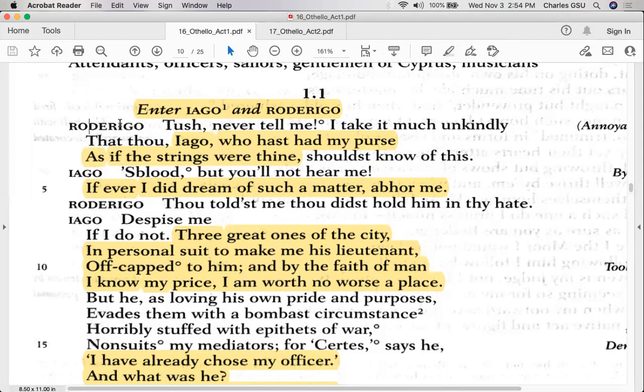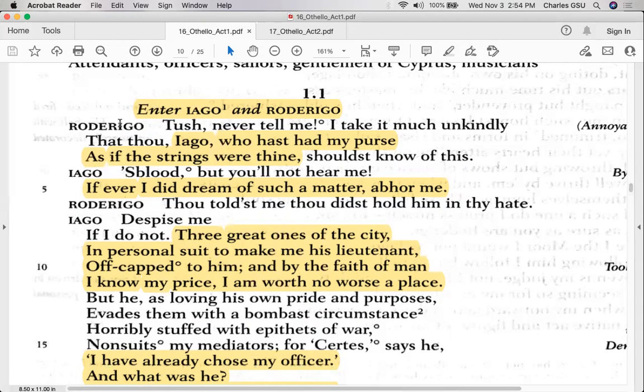Of course, Othello marries the daughter of Brabantio, and therefore he's not only marrying without the father's permission, but he's a darker, whether he's African or Berber or Arab, he's a darker skinned, culturally different person marrying a Caucasian Venetian woman.